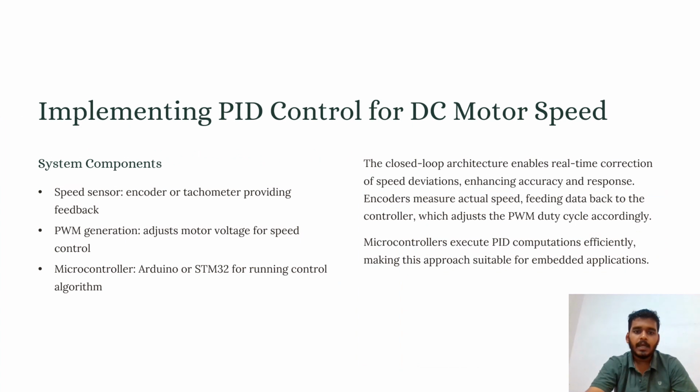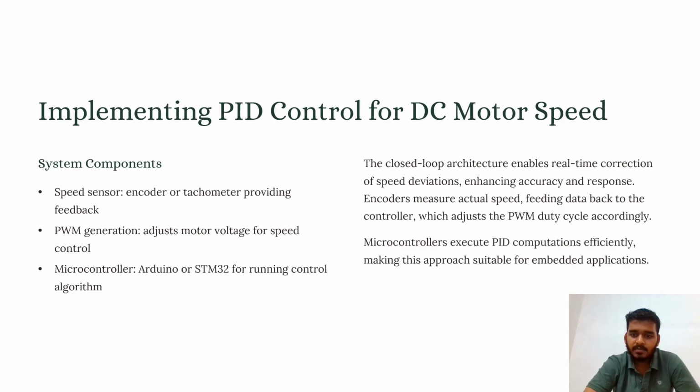Now coming to implementation of the PID controller for the DC motor speed system. Components: a speed sensor, encoder and/or tachometer, providing feedback; PWM generation to adjust motor voltage for speed control; a microcontroller such as Arduino or STM32 running the control algorithm. The closed loop architecture enables real-time correction for speed deviations, enhancing accuracy and response.